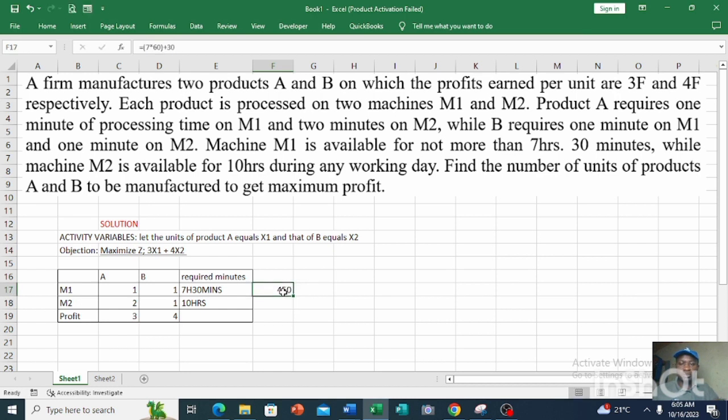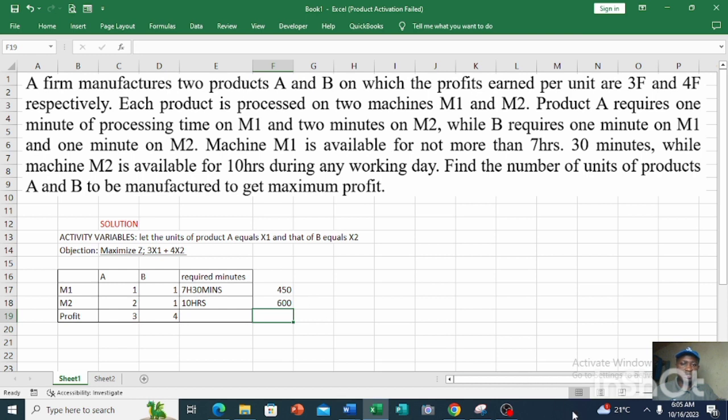All right, so we have 450 minutes. Then concerning the 10 hours, we are going to take 10 times 60 as well.